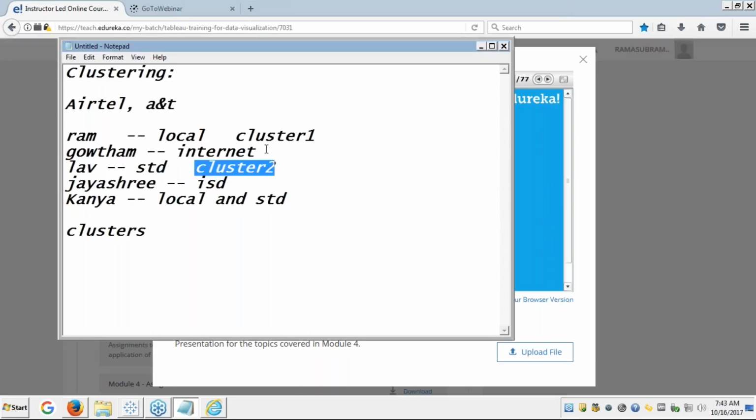Gautam is using mostly internet, so he will be in cluster 3, along with everyone using more internet-related stuff. Cluster 4 will be created for Jayashree. Similarly, based on what pattern you follow, different clusters will be created.